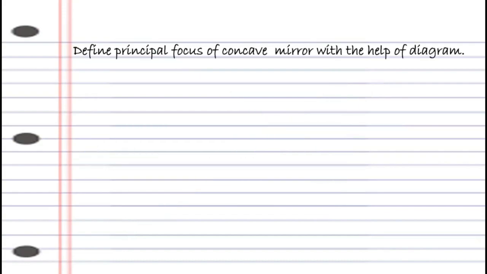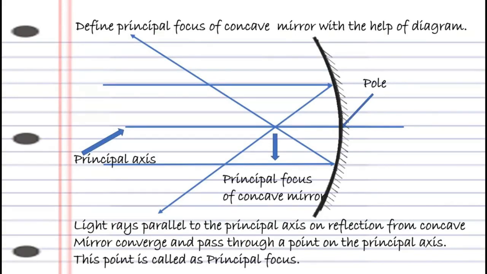And if the question is define principal focus of concave mirror with the help of diagram, then you have to draw the same diagram and write at the bottom, you can read here, light rays parallel to the principal axis. These two are the light rays which are parallel to the principal axis.